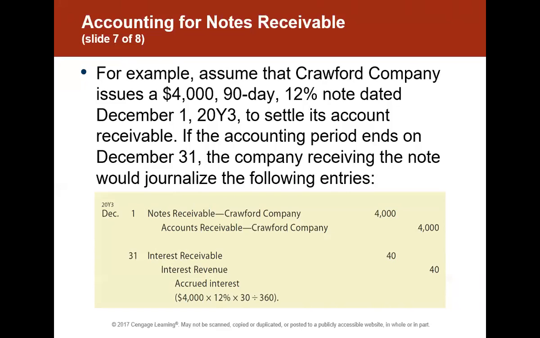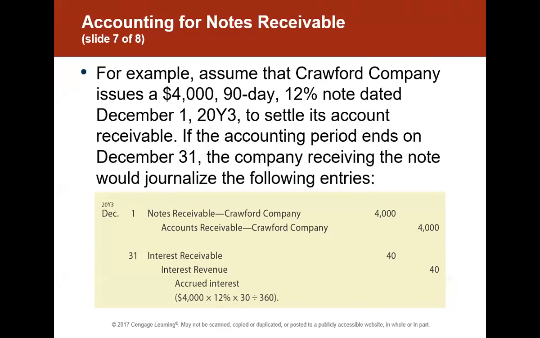We haven't recognized it yet, but we need to in the current year. That's when those adjusting entries come back to you. We have to consider at the end of the year how much interest has accrued. We're not getting paid that interest until the note matures next year, but we have to recognize the interest that accrued in the current year.